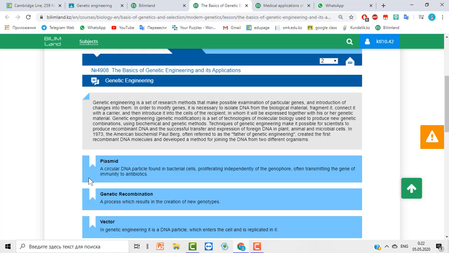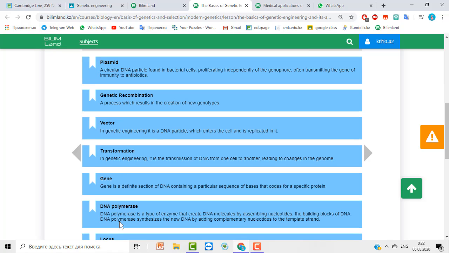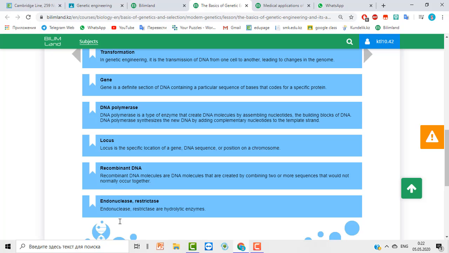The plasmid is the circular DNA particle found in bacterial cells, and it carries the gene of immunity to antibiotics. And there is the vector. In genetic engineering, it is a DNA particle which enters the cell and replicates in it. Then you should know the terminology like restrictase.